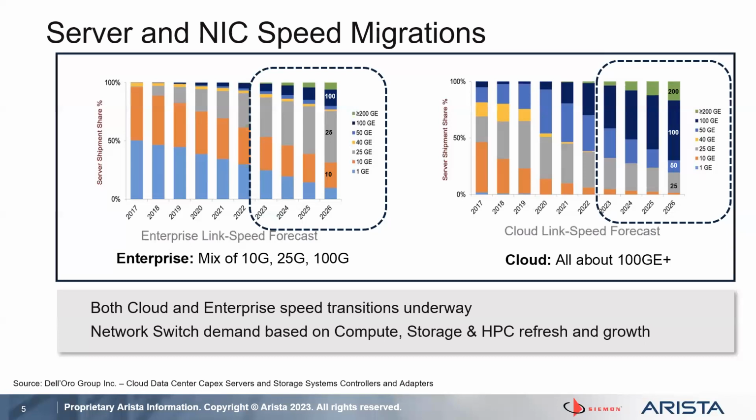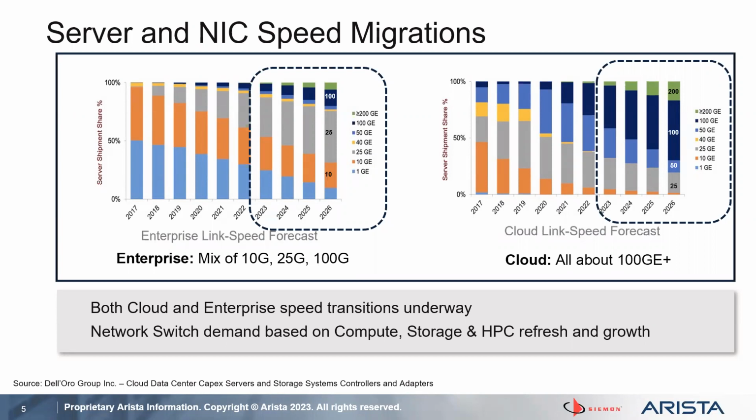But on the flip side, if you look at the cloud data centers, over there, 100 gig is really the most predominant connectivity option that's emerging over the next few years. Of course, in the cloud data centers, you also see 50 gig, you also see 200 gig, you see some 25 gig, and almost 10 gig is non-existent.